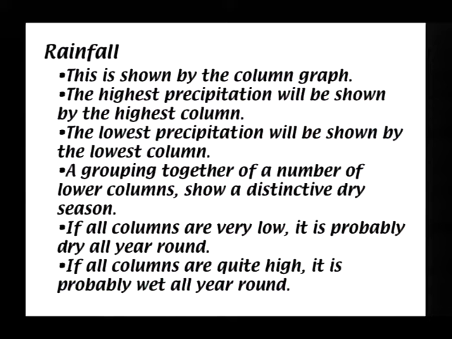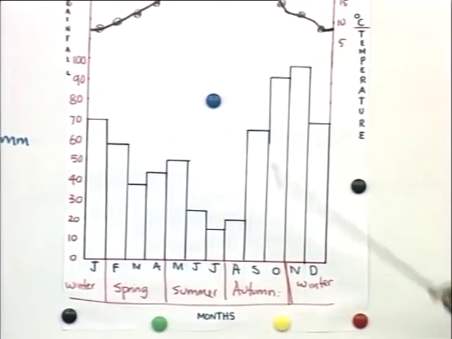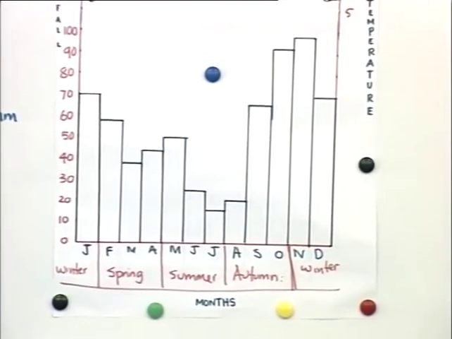If all columns that are shown are very low, it is probably dry all year round. If all columns are quite high, it is probably wet all year round. So let's look at the rainfall here. Is it dry all year round? No, it's not. Is it wet all year round?